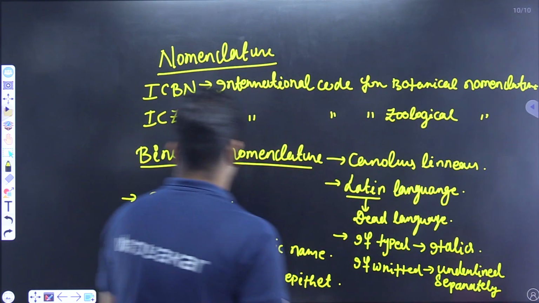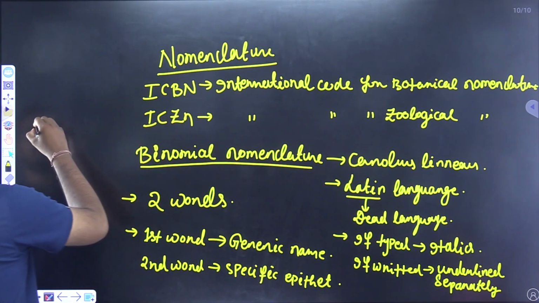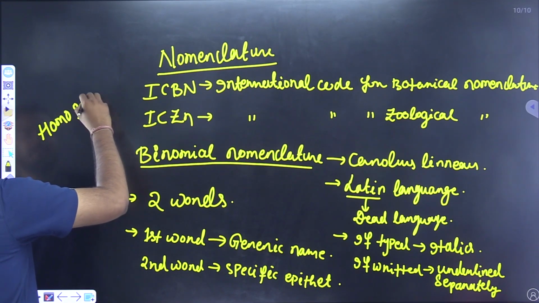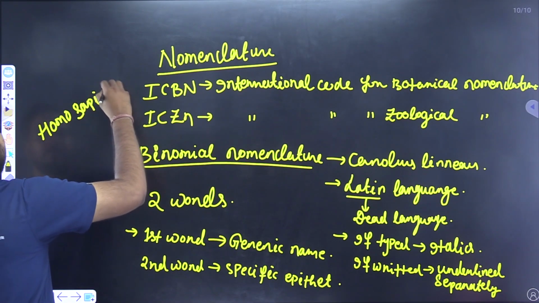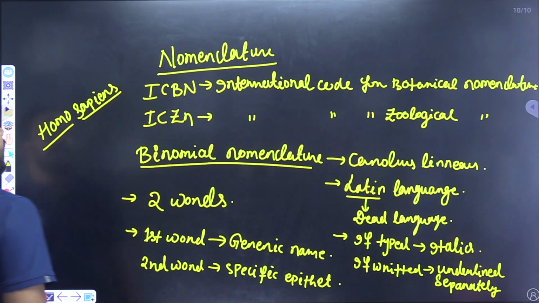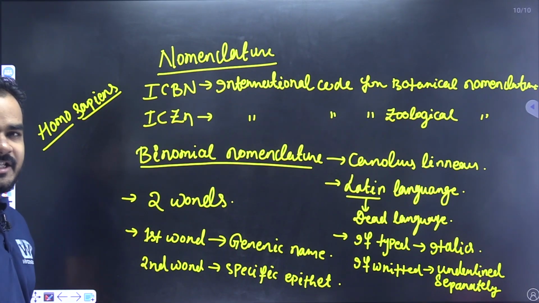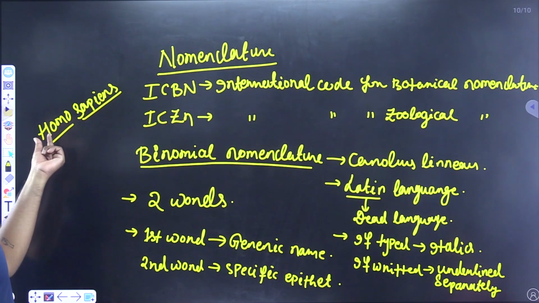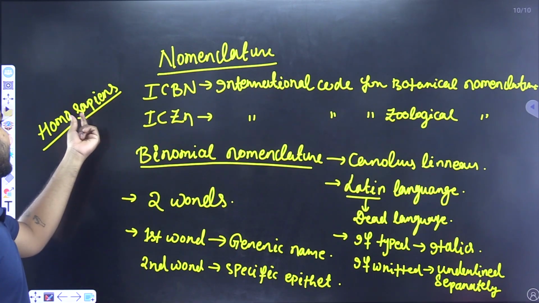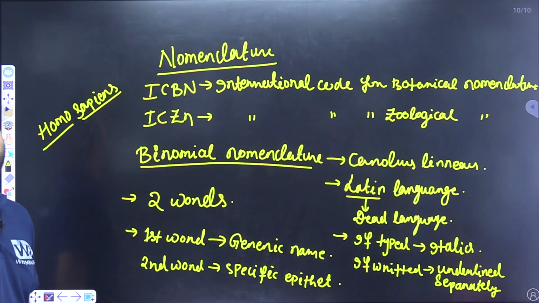Let me give you an example. Suppose the scientific name of a human being is Homo sapiens. I have written it by hand, so I underline the words separately. As you can see, the first letter of the genus is a capital letter, and the first letter of the species is a small letter.